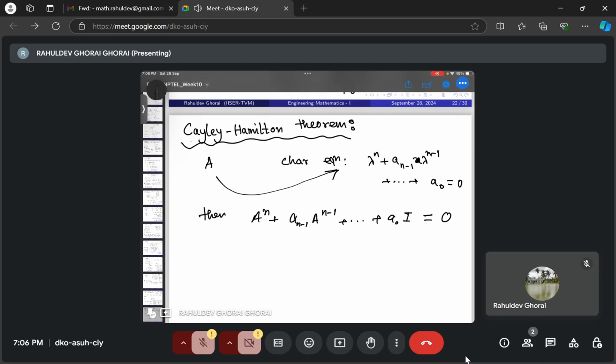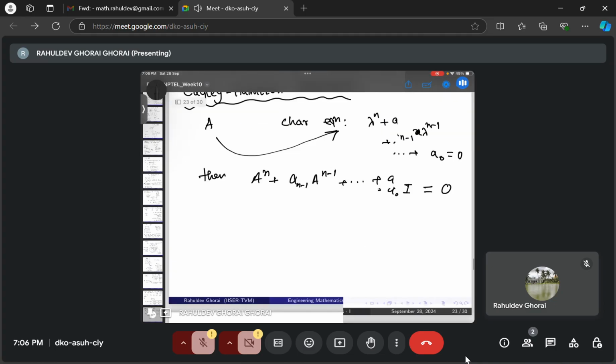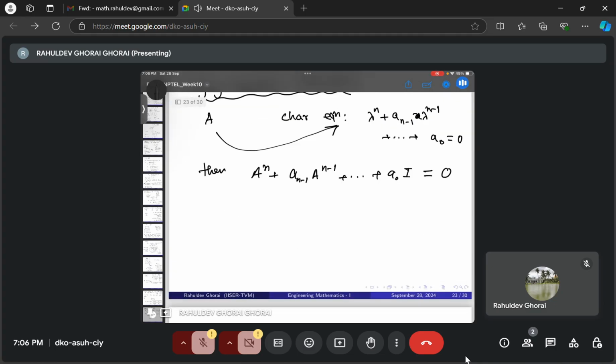Let's say you have a matrix like this, A is equal to 1 0 2 1. Then the characteristic equation is lambda square minus 2 lambda plus 1 equal to 0.